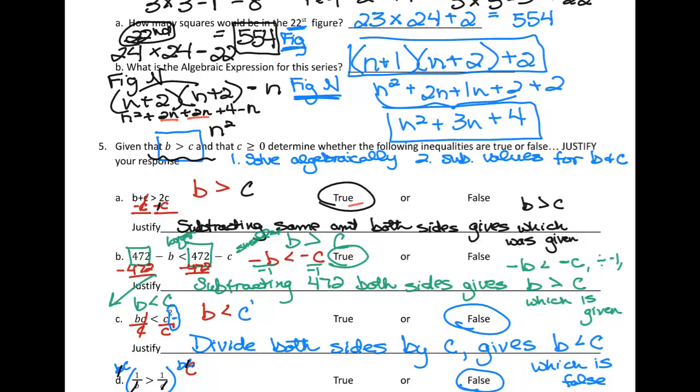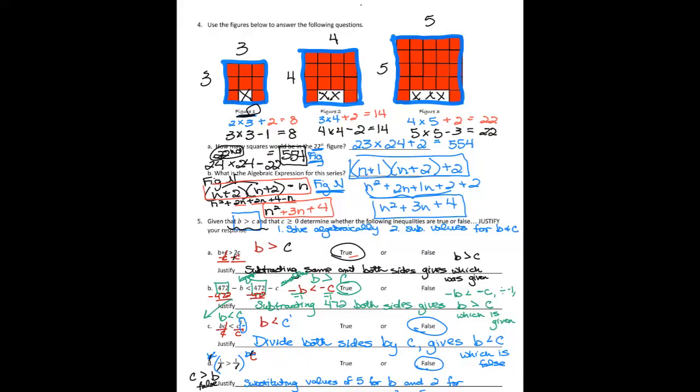Putting these together, and I am recording this too, 2n and 2n is 4n minus n gives you 3n plus 4. Which is the same as you got over here. I would take that, or I would also take that. So again, different ways to look at the same problem. It all depends on what you see.